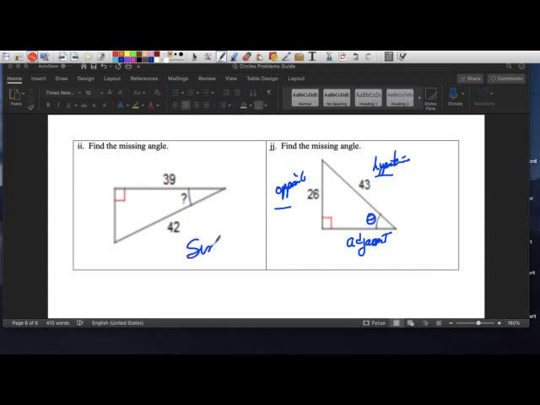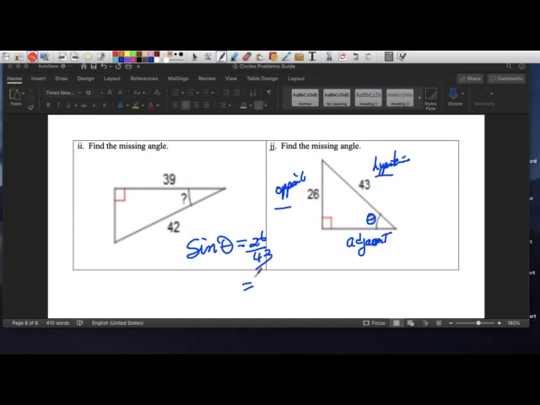So sine of theta, an angle that I don't know, has a ratio of the opposite side to the hypotenuse, 26 over 43, which as a decimal we write as 26 divided by 43.